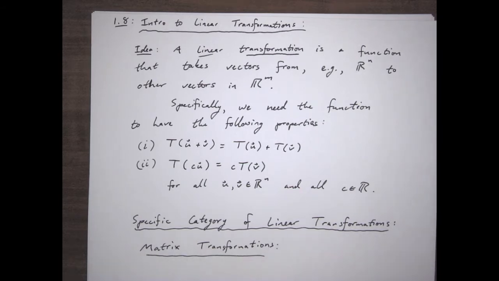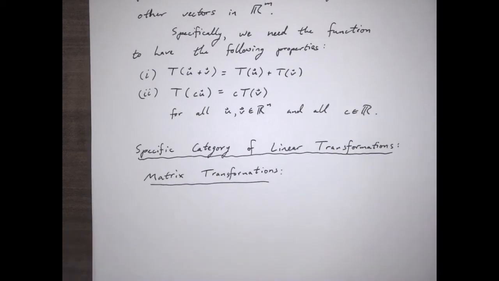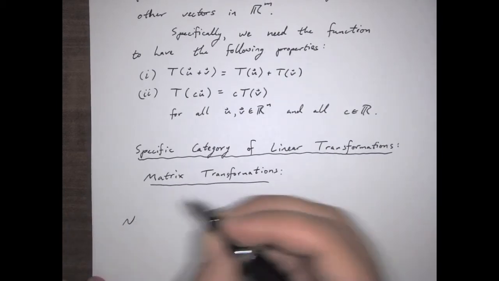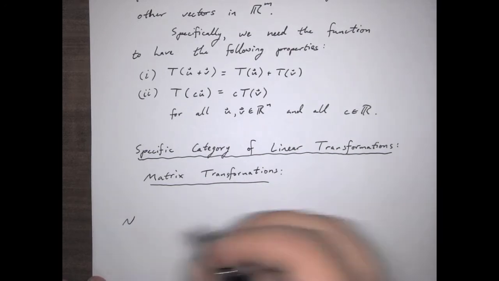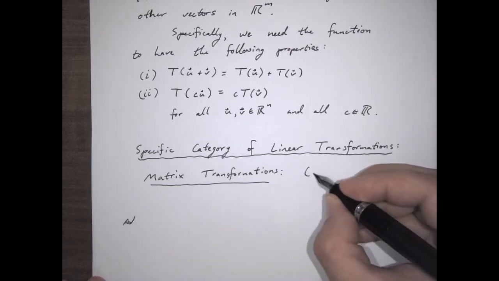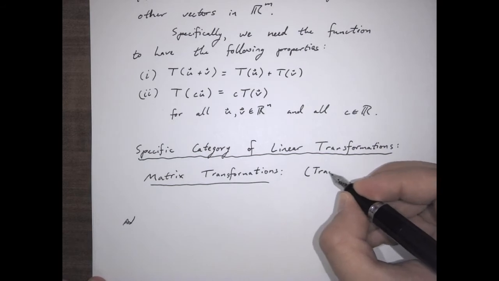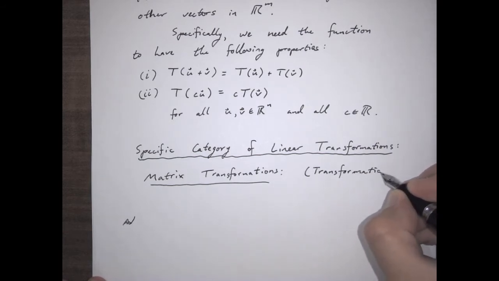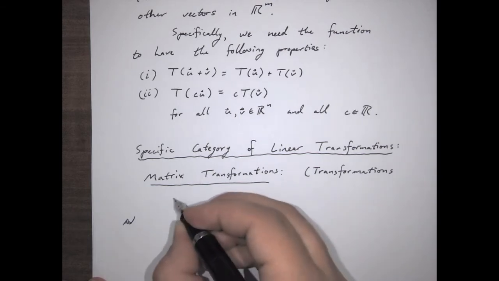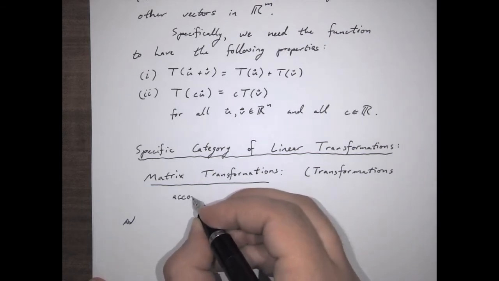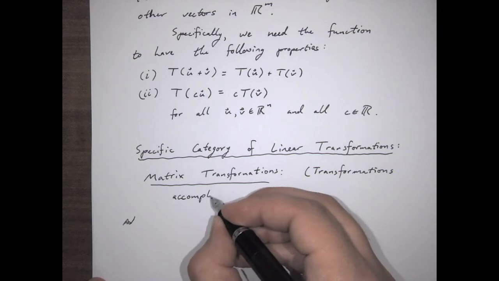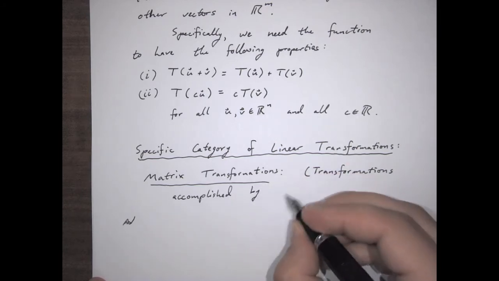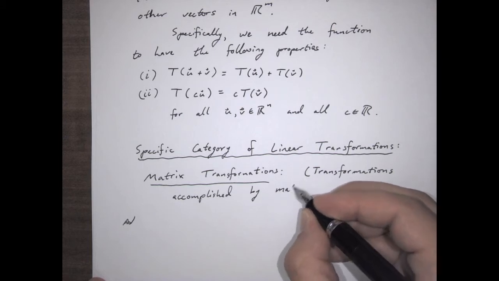These are the transformations that you get by multiplying by a matrix. So here's the notation that we use: transformations accomplished by matrix multiplication.